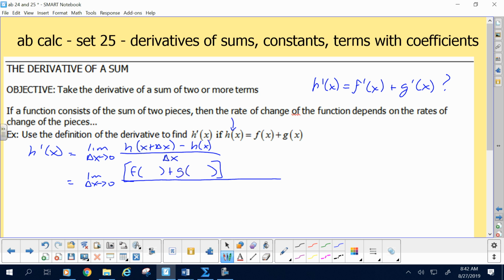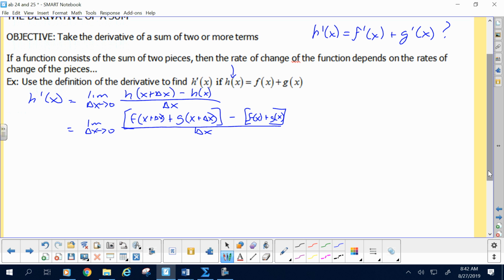X plus delta x is being put into h, so that's what I'm going to put into f and g. Likewise at the back end, instead of h of x, I'm going to call it f plus g, and what goes into each of those? Just x. Delta x, believe it or not.